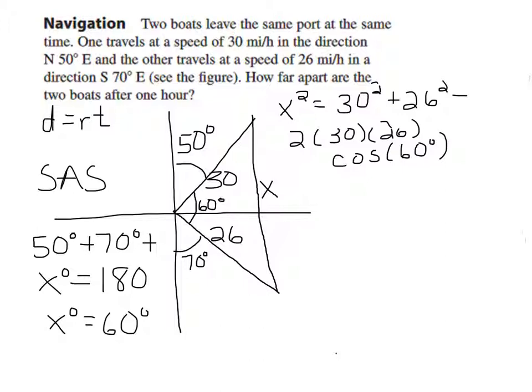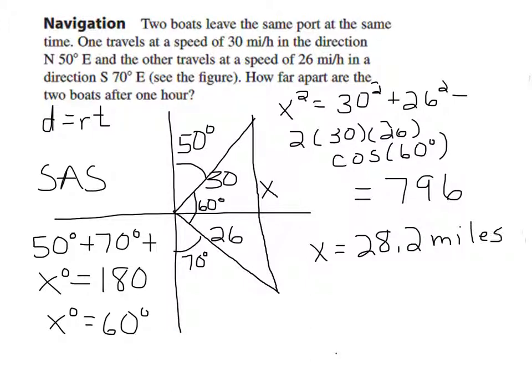Plugging all of that into the calculator, x squared has to be equal to 796. So after 1 hour, my boats are about 28.2 miles apart just by taking the square root of 796. Nice application of the law of cosines.